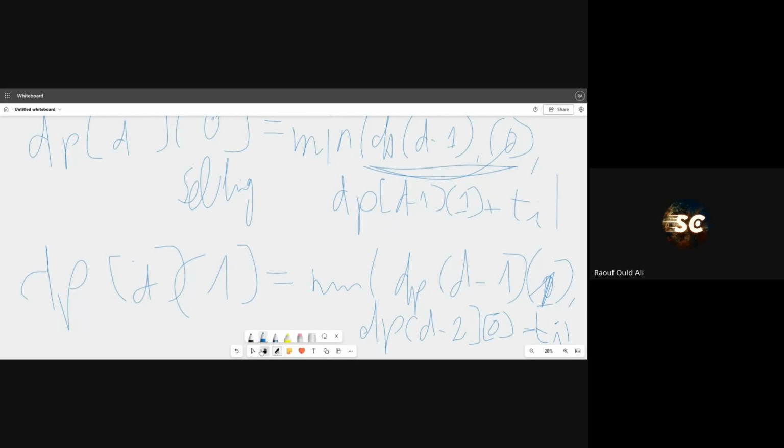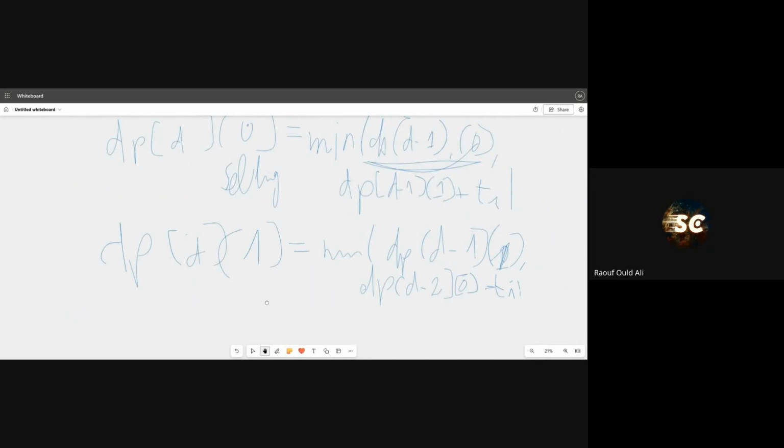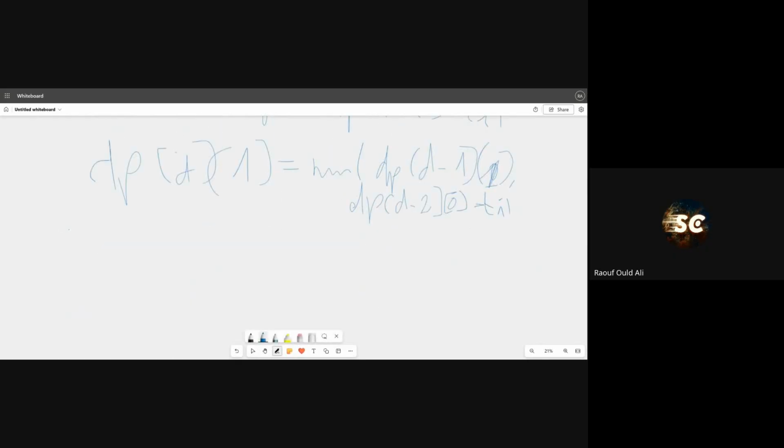And for the base cases, just to make things easier, we will just define dp[-1][0], like on day -1, as 0. Okay? Same for dp[-2].